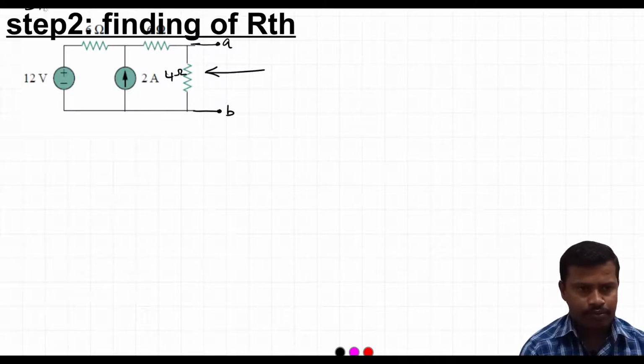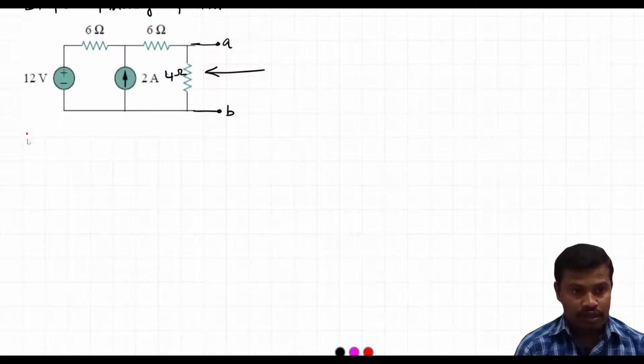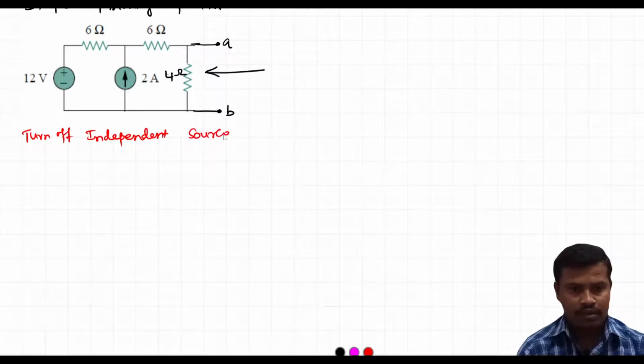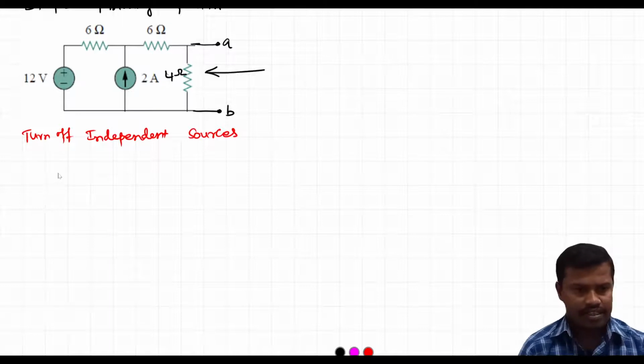Step 2, finding of RTH. So turn off independent sources, then we will redraw the circuit.